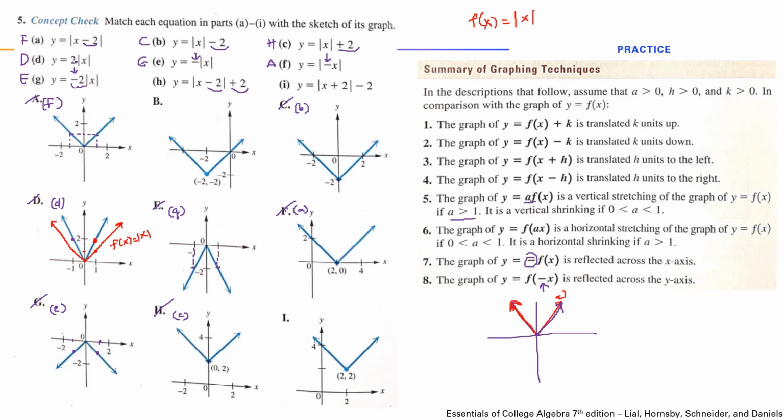Right 2 units, up 2 units, we have I. Now we move to the left 2 units, down 2 units, that is B.